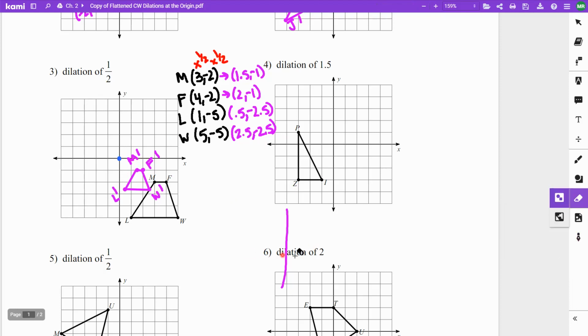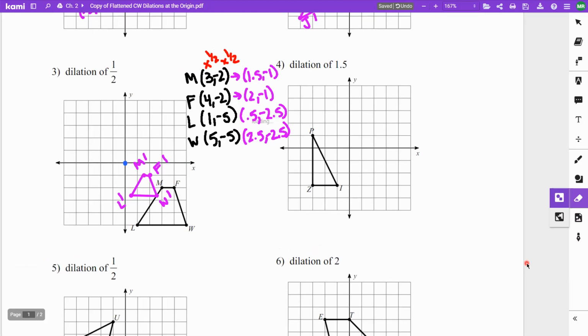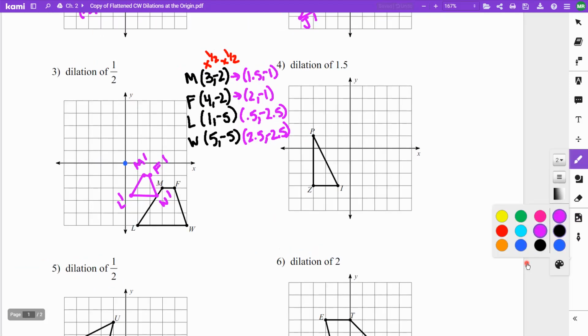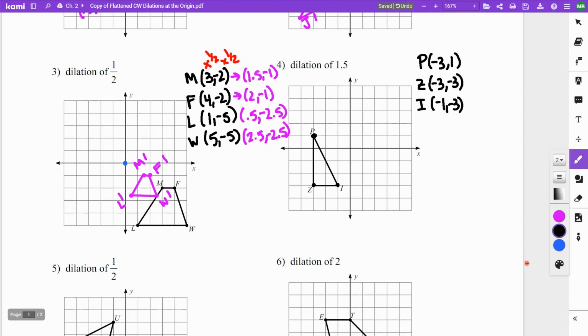On the next one, with 1.5, I'm just going to list the coordinates. So P is at negative 3, 1. Z is at negative 3, negative 3. And I is at negative 1, negative 3. We are going to multiply everything by 1.5.